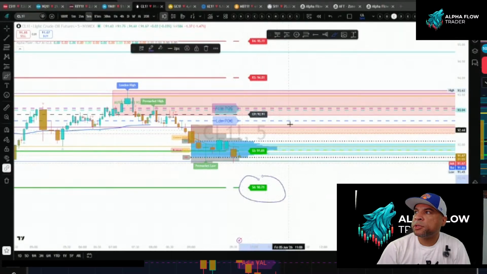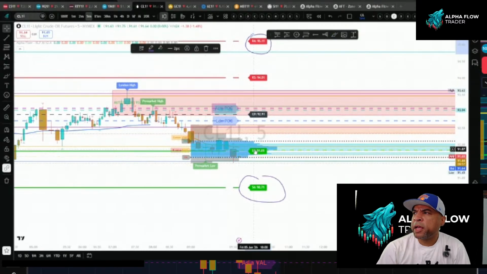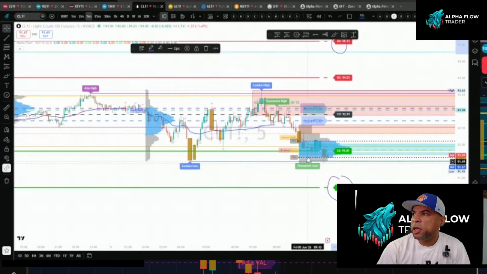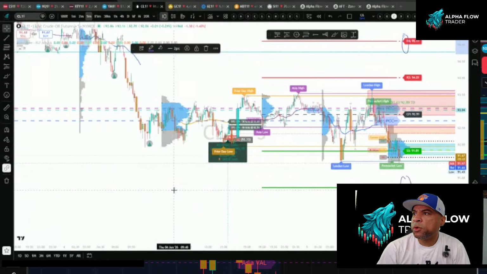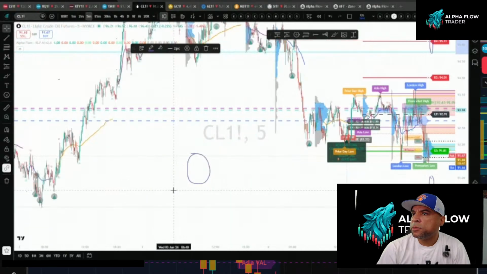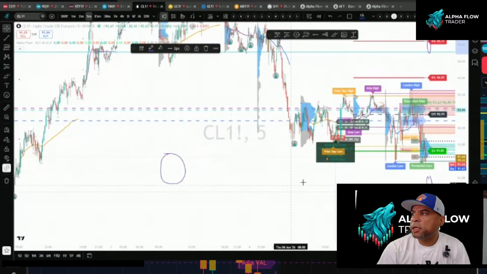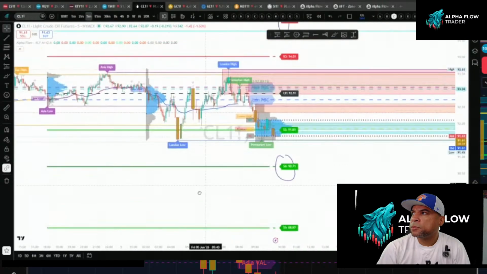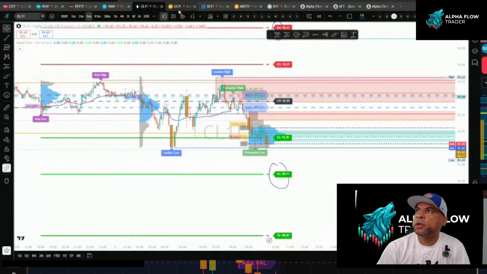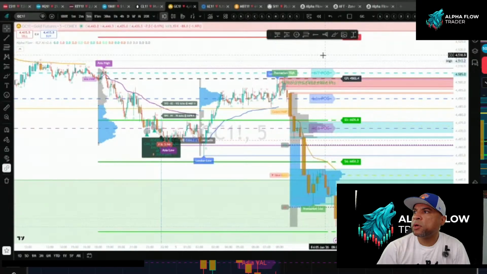So we're going to be interested in S4s and R4s. And right now we are at S3, but it is an outside day, so we're not going to get any signals there. So if it continues going down, we'd be looking for reversals at S4 here, which looks like a decent level as well. All right, so we'll pay attention to oil if it gets to S4.